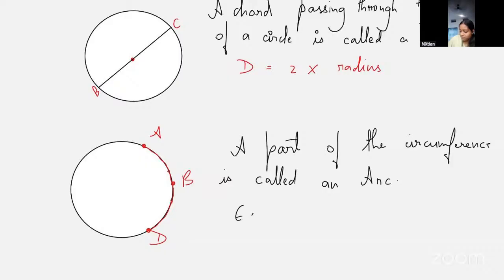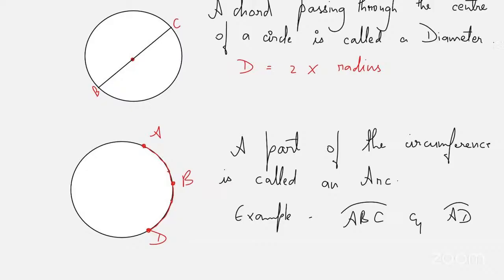For example, we have arc ABC and AD. How to represent them? We write the names and put an arc symbol on top. So the symbol represents arc.